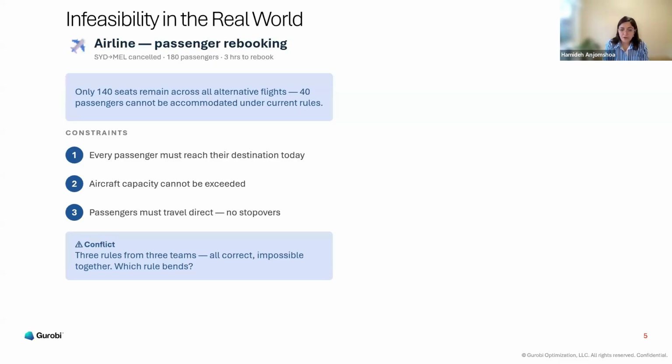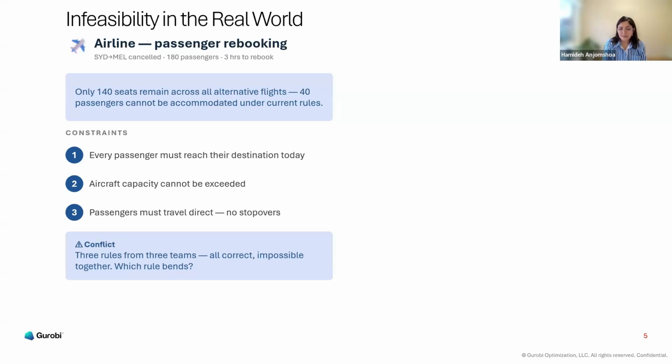What should they do? There is a huge number of constraints in the airline that they go through behind the scenes when they are scheduling. But with this kind of technique that I'm going to introduce mathematically, it can tell us, okay, these are the three constraints you need to take care of. You want all passengers to reach their destination today, plus the capacity of each aircraft cannot be exceeded, so people cannot use one seat for two people at the same time.